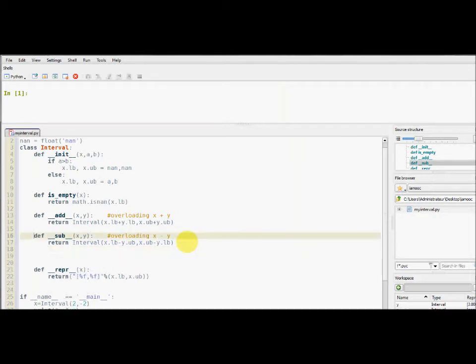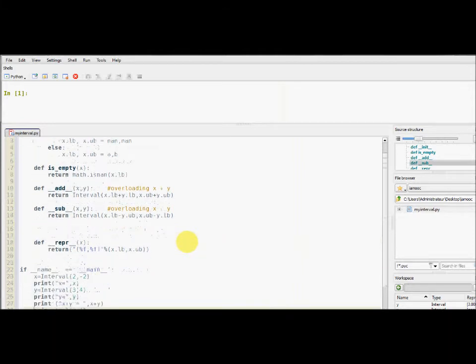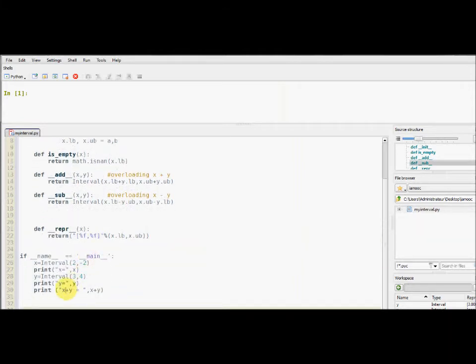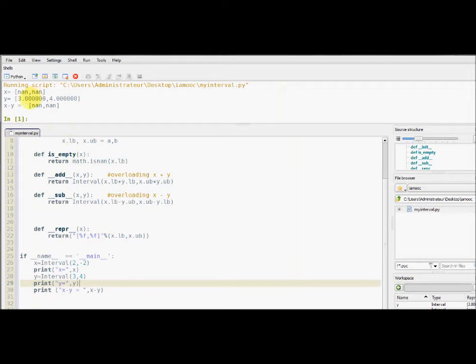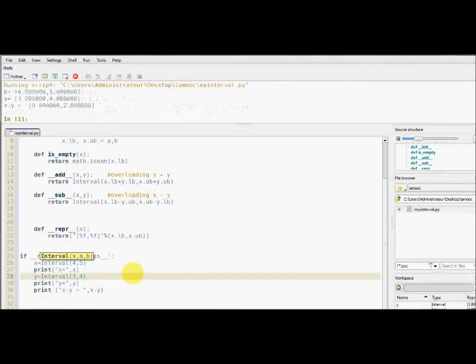I will also define, so let me check, x minus, so it will understand. Not a number, but if I write, for instance, 4, 5, I can check that the result is correct.